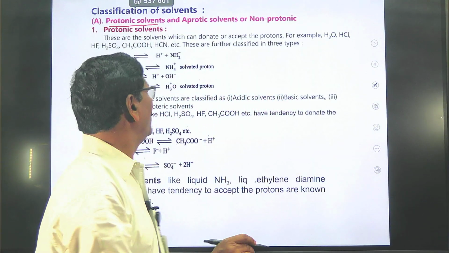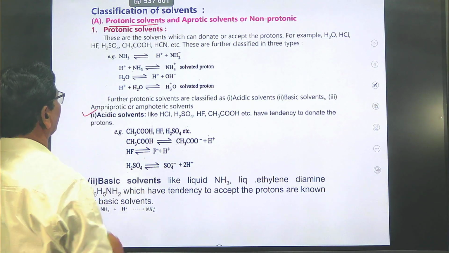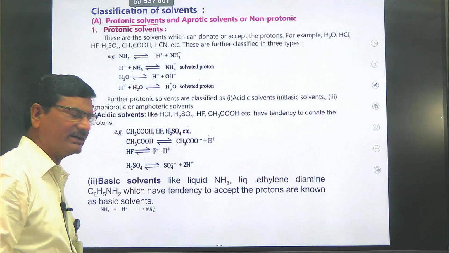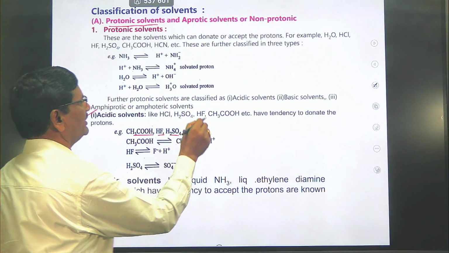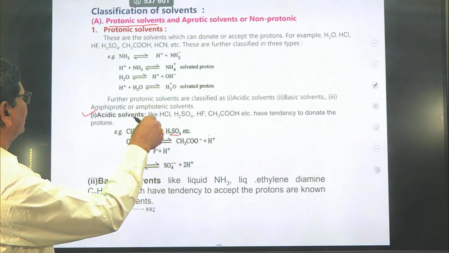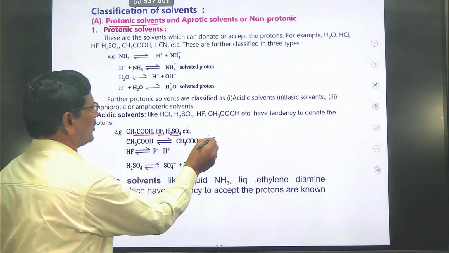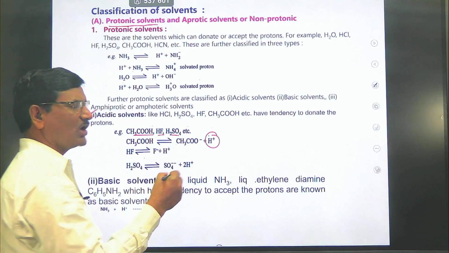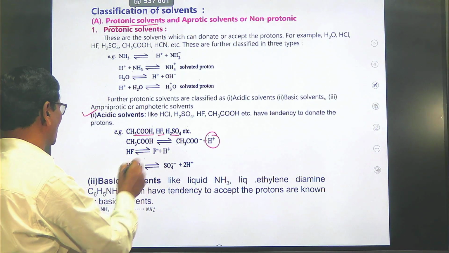That's why the first category is the acidic solvent. Acetic acid, HF, H2SO4, HNO3, all types of acids, when mixed with water in aqueous media, form H+ ion. The proton gets released. That's why all these solvents are called protonic solvents.